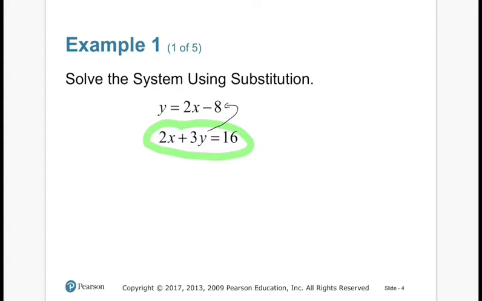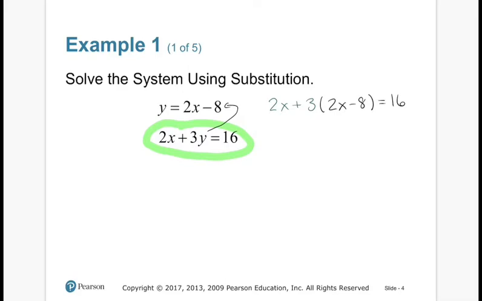So, as the name states, I'm going to substitute. So, green, 2x plus 3y. But again, we already know y, which is 2x minus 8, is equal to 16.